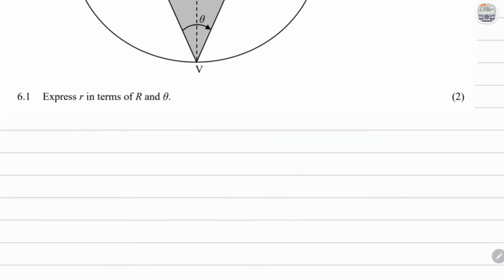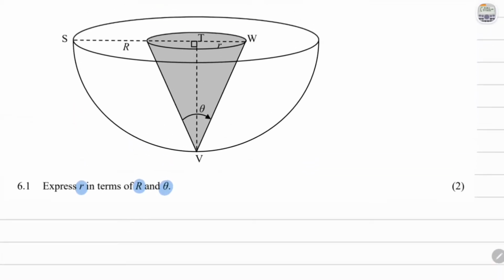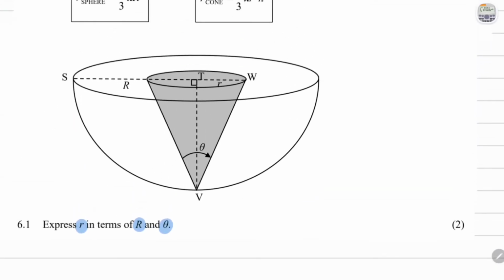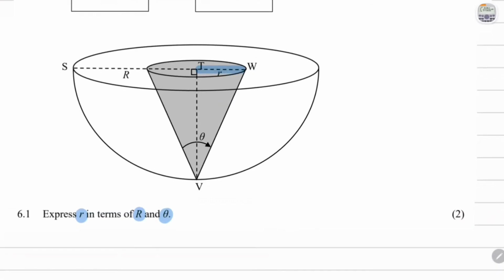Okay. The first question is to express small letter r in terms of big letter R and theta. So let's look at that. They want us to ultimately find the radius of the cone. Let's think about how we can find that.